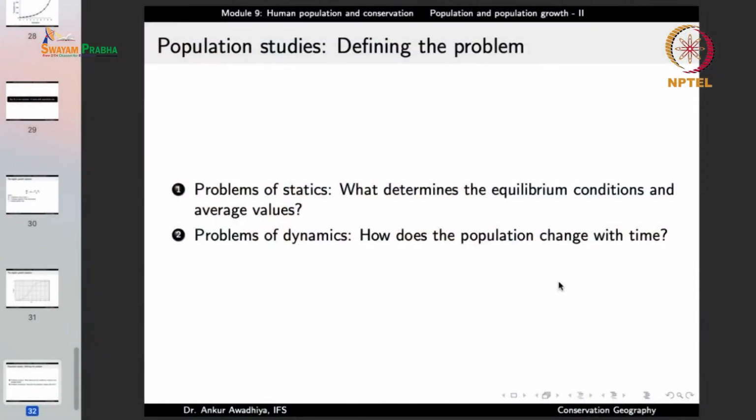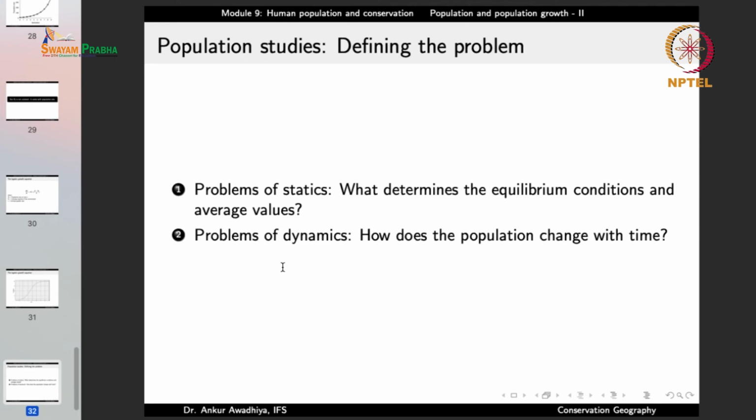So the problem of statics in the case of human geography may ask the question: Bangladesh has a high population density. What determines this population density? How high can it go? Has it already reached the maximum point? On the other hand, the population density in Greenland is less, so what determines this value? So what are the equilibrium conditions, and what determines those equilibrium conditions and the average values is what we ask in the case of statics.